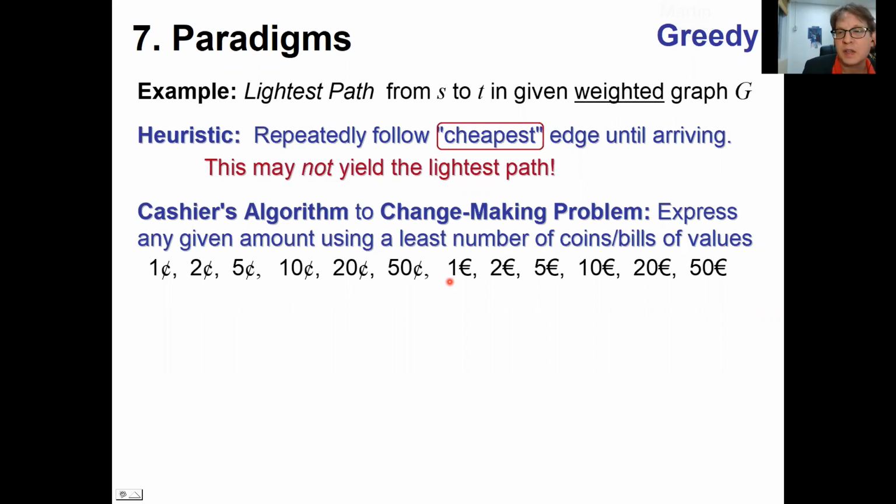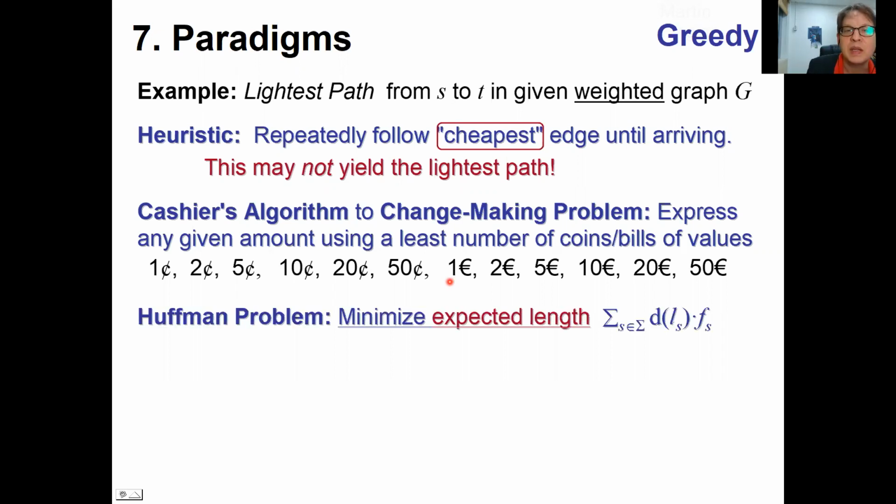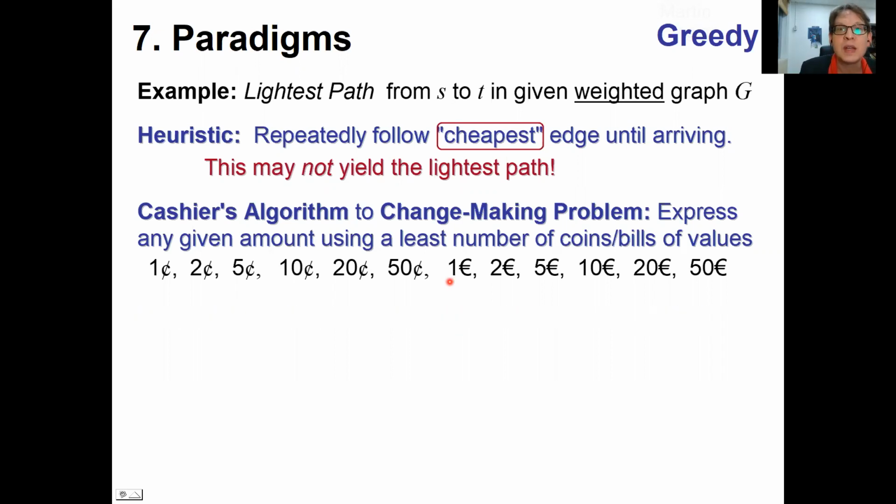And the solution to this problem that you all have in your mind is to start with the largest coin or bill that is smaller than the value, put that out, and then repeatedly try the same with a reduced amount.